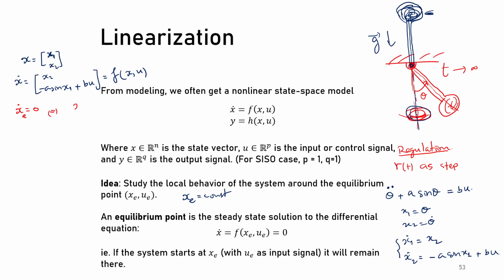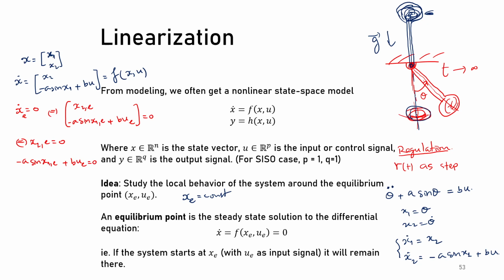Then we have x2 equilibrium, minus a sine x1 equilibrium plus b u equilibrium equal to 0. Then we can have x2 equilibrium equal to 0 and minus a sine x1e plus b ue equal to 0.